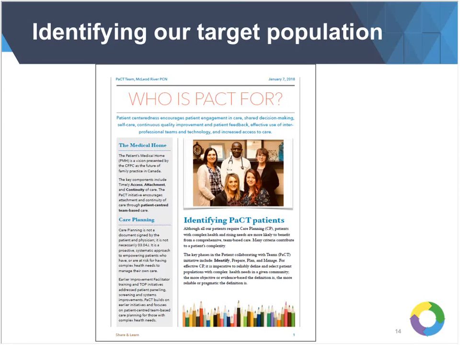Initially, like Lisa would say, we focused on the low-hanging fruits, diabetes, COPD, people that were listed on the previous 0304J list of chronic medical conditions. But at a point we decided to ask ourselves, who is PaCT really for?